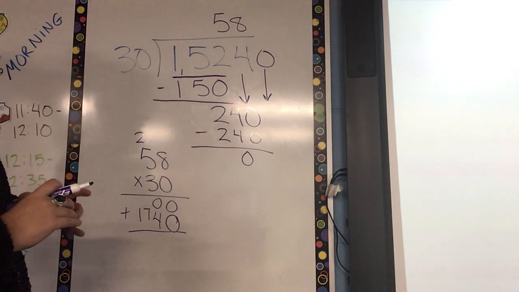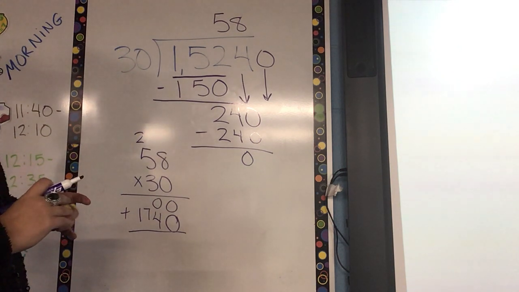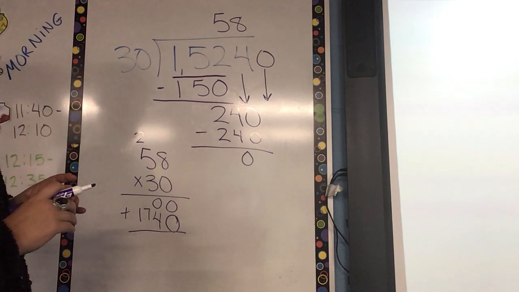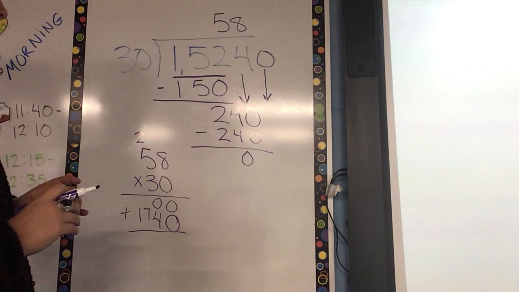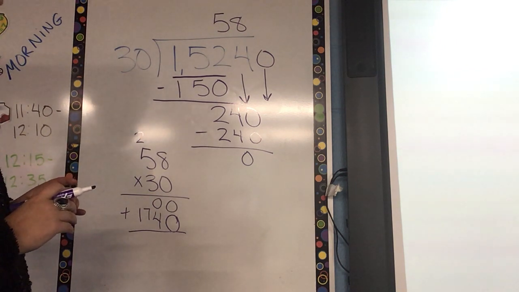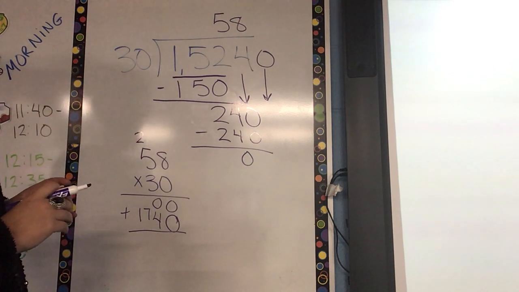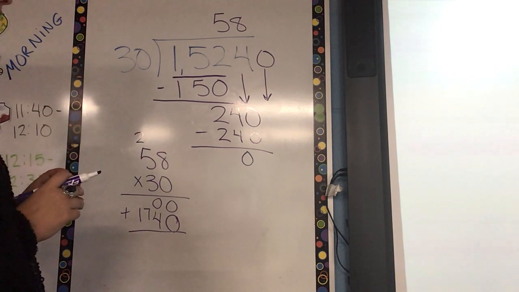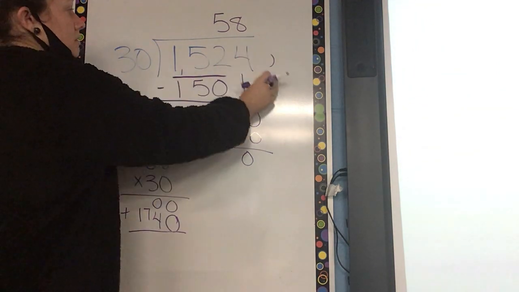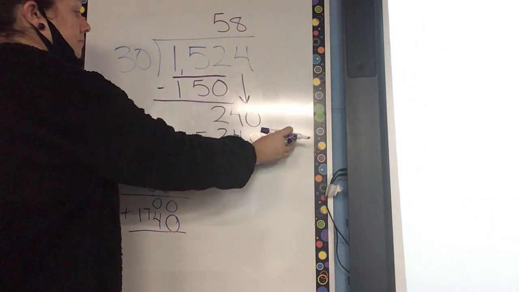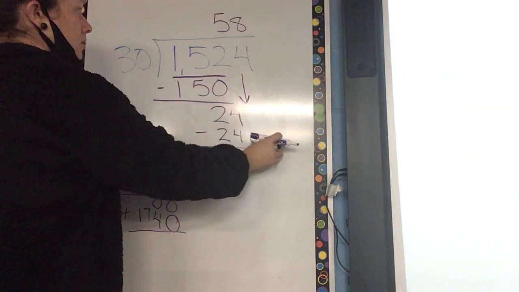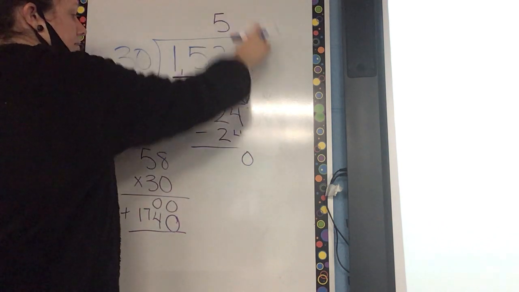Raina, you had your hand up? Instead of adding the 0, doesn't it turn to a remainder? I don't know. You could leave it a remainder. So she's saying go back here. So let's go back. We were right here then.